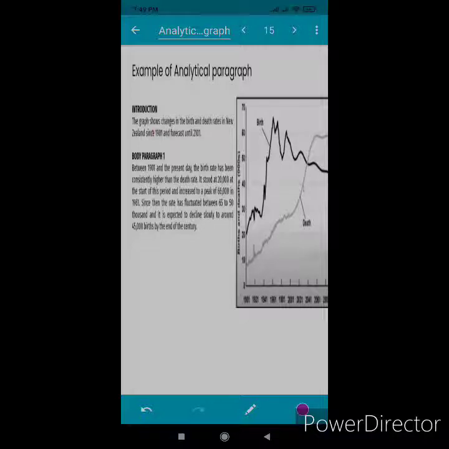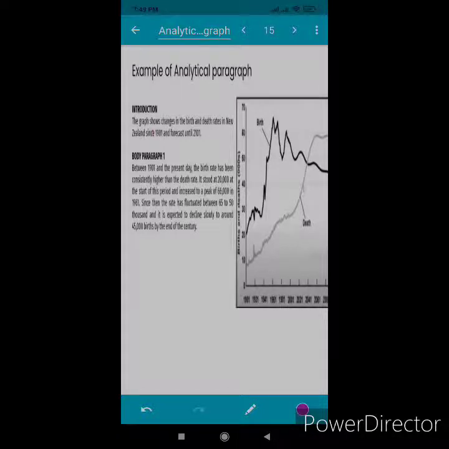Now in body paragraph 1, what you are going to write: between 1901 and the present day, the birth rate has been constantly higher than the death rate. You have to observe that from the graph and then you have to write. It stood at 20,000 at the start of this period and increased to a peak of 66,000 in 1961.